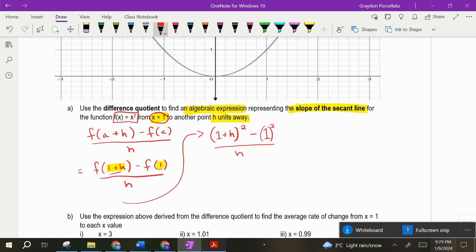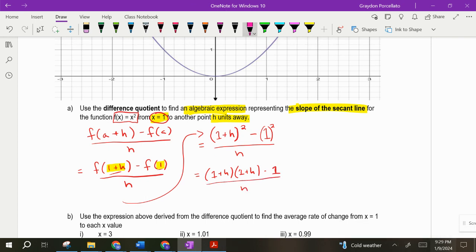1 plus h squared simplifies to, well, I'm going to write this out, 1 plus h, 1 plus h, minus 1 squared is just 1, all over h. I'm going to FOIL these brackets. That's 1 plus 2h plus h squared minus 1 all over h.